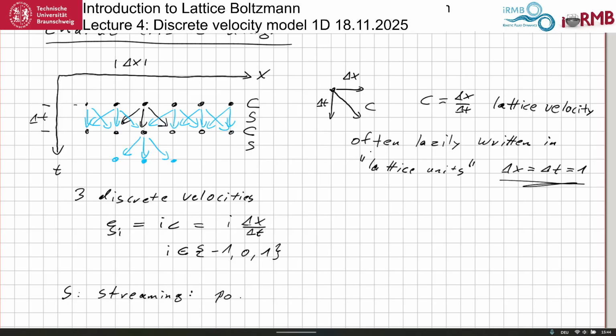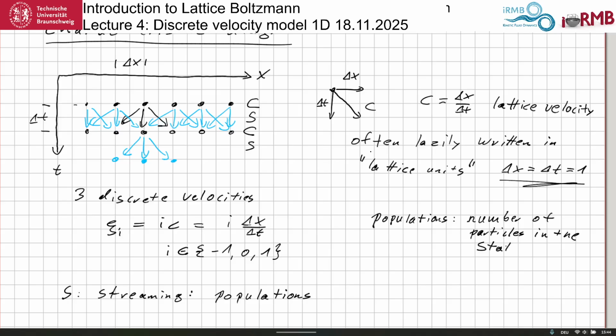So the populations. Okay, populations is, say, the number of particles in the same state.